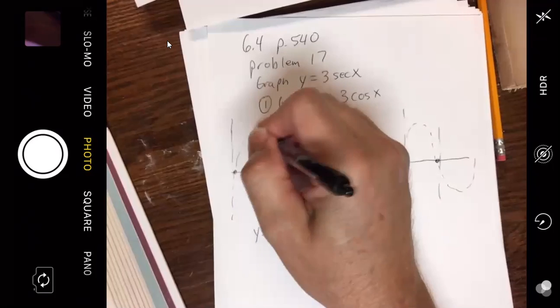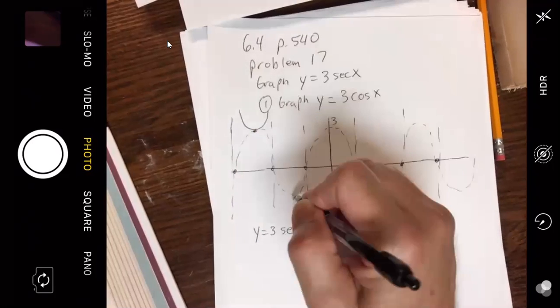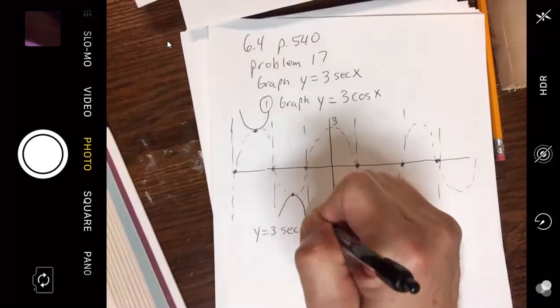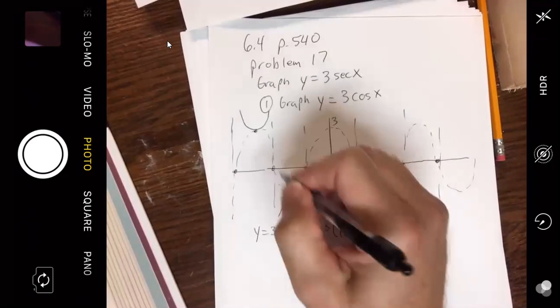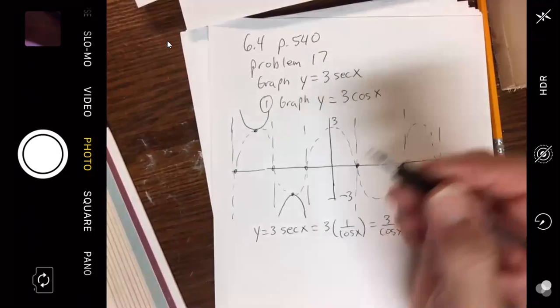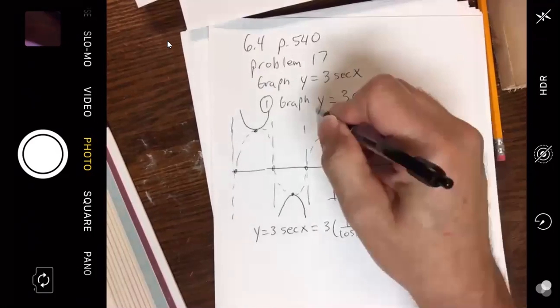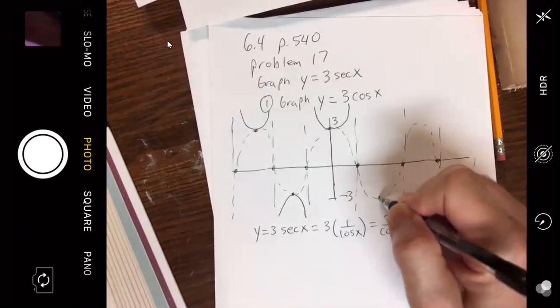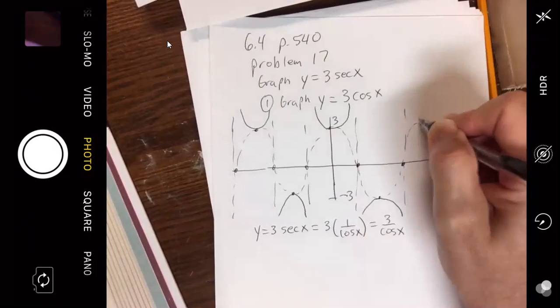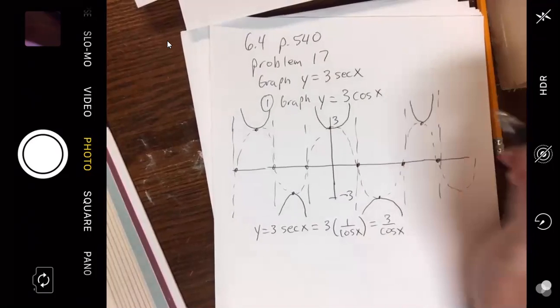Your peaks are at 1 and they flip up, and your dips are at -1 and they flip down, and the curves are identical because when you flip one to -1, they don't change. Here flips down, here flips up.